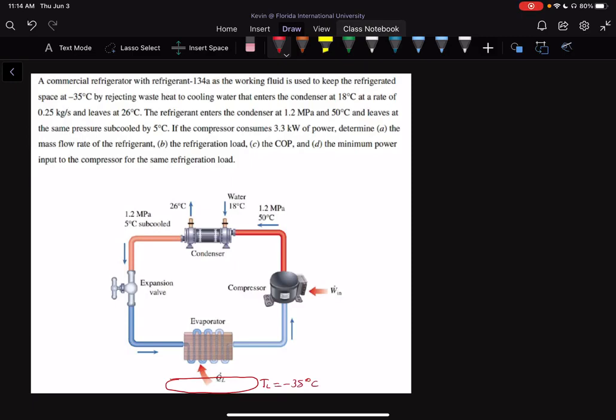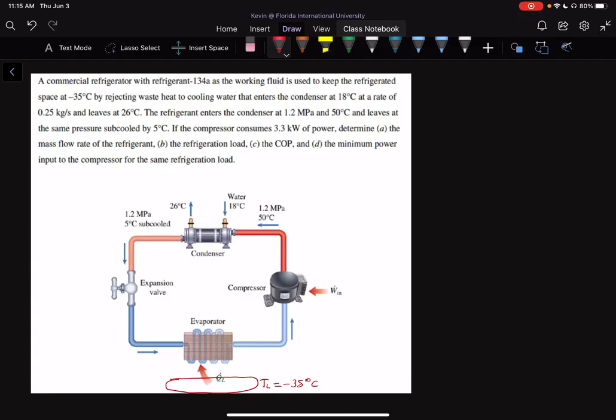And that refrigerated space is exchanging with the evaporator. The first thing to understand is that the refrigerated space is not inside the refrigerator. It's outside, and it's the part that is trying to be cooled by taking some heat out.